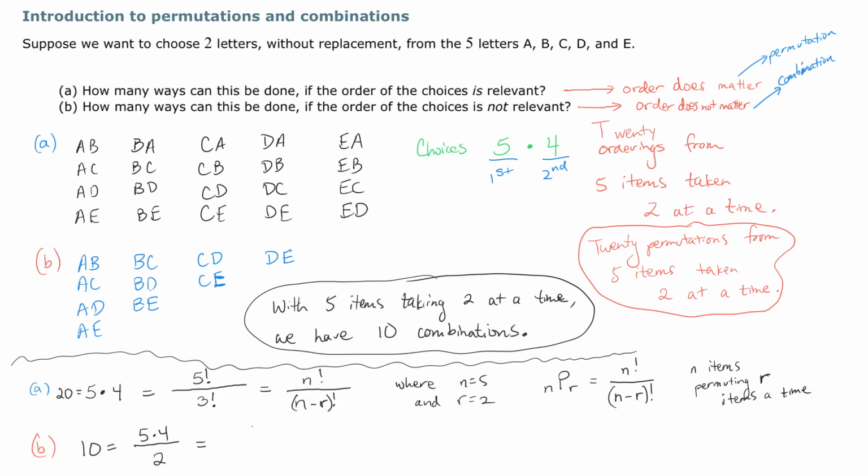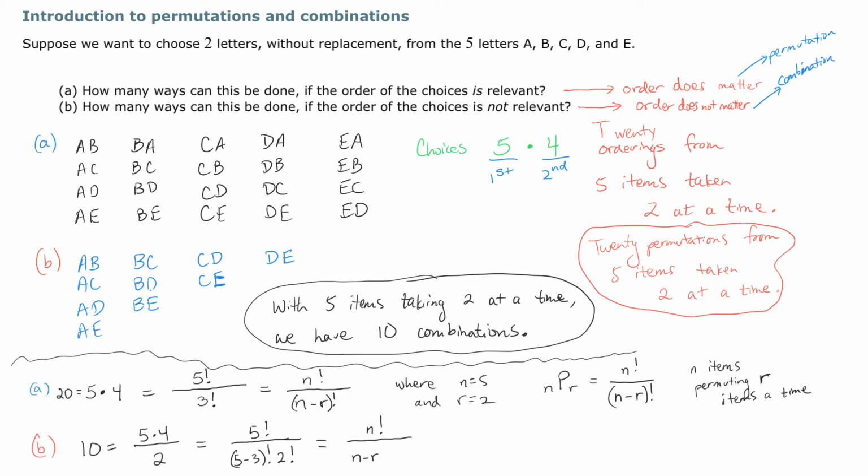This is equal to 5 factorial over 5 minus 3 factorial times 2 factorial. So this is equal to n factorial over n minus r.